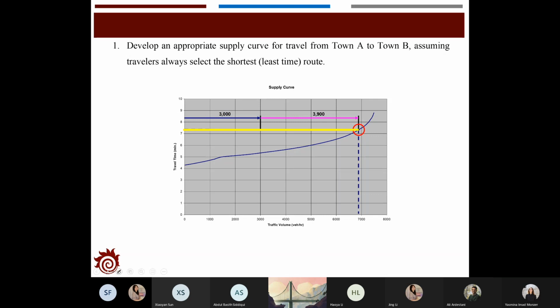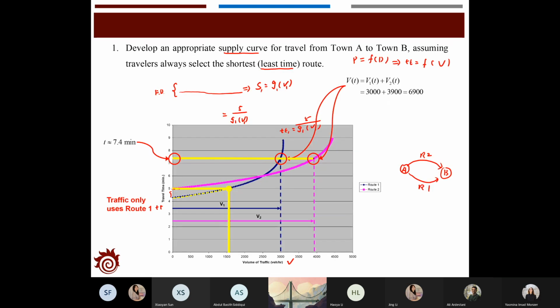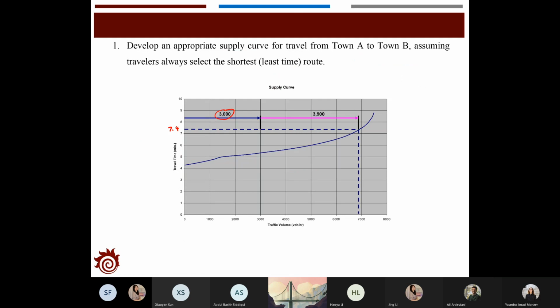For example, at the travel time of 7.4 minutes, there would be 3,000 vehicles traveling on route 1 and 3,900 on route 2. And this will give you the flow with respect to the travel time at 7.4 minutes.